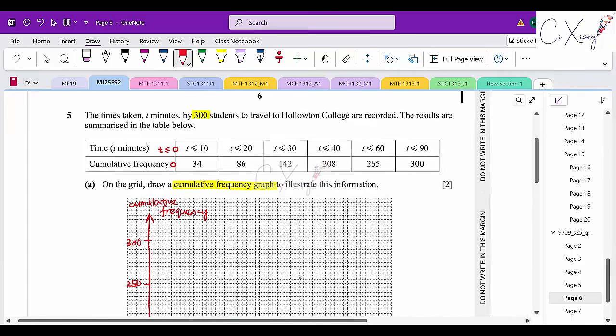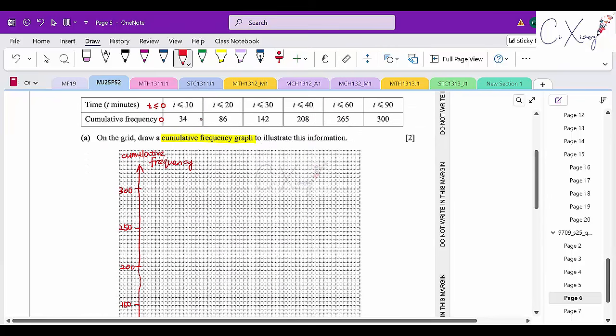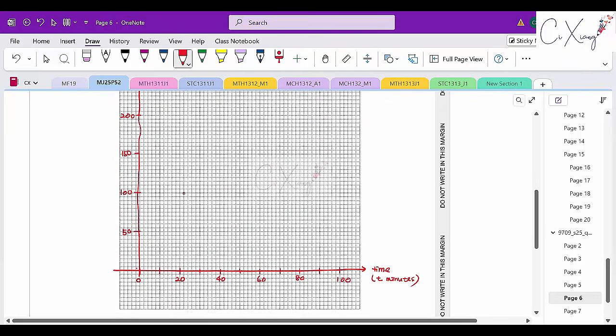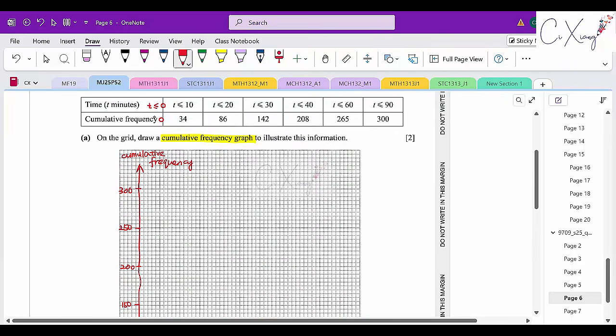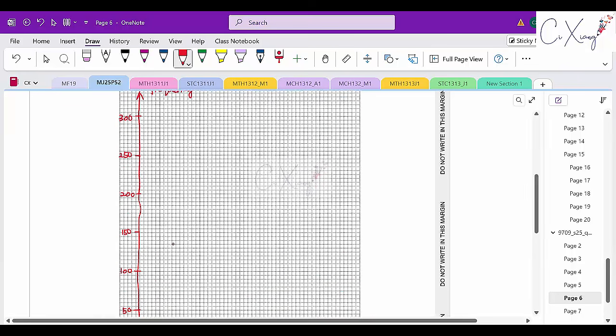Okay, then I start to plot all the points here according to the table that we have. The first point is 0, 0, so 0, 0 is this one. After that is 10 and 34. 34 is almost at 35, right? So you yourself plot it nicer, okay?